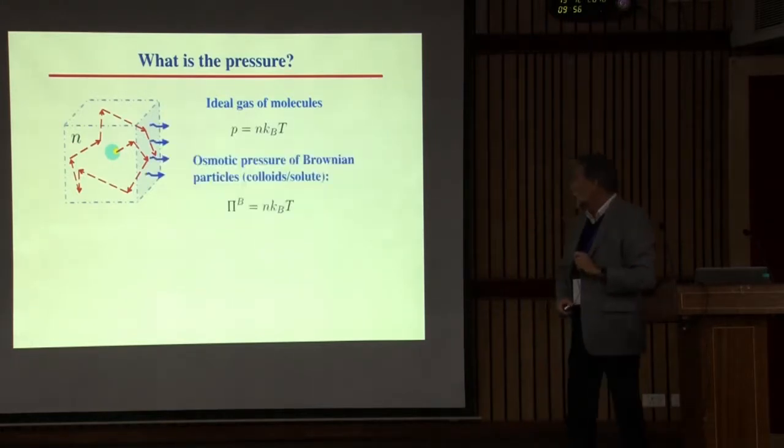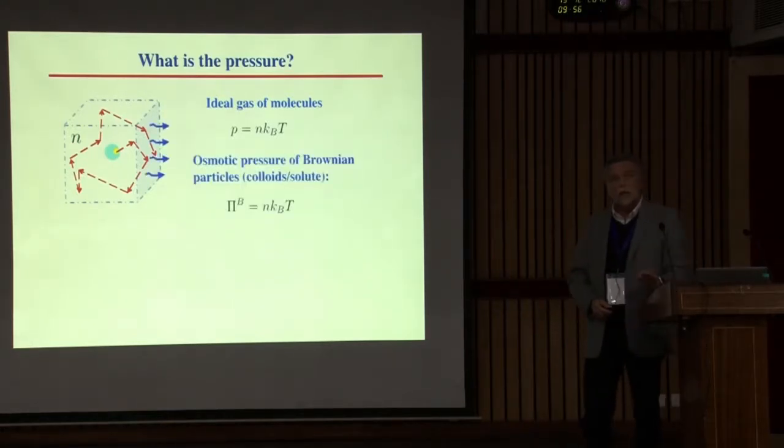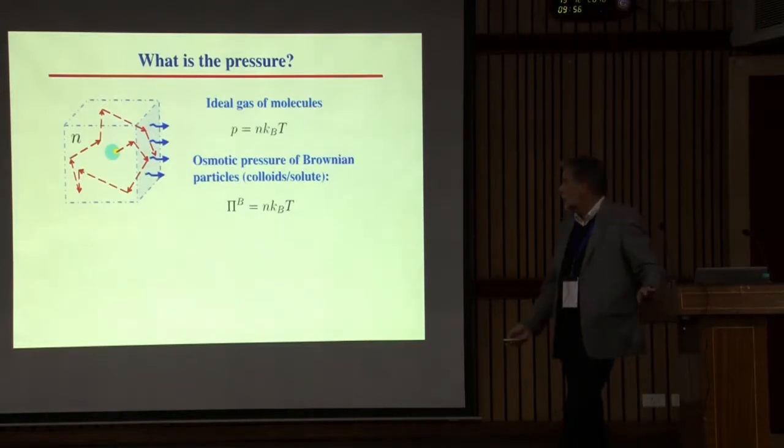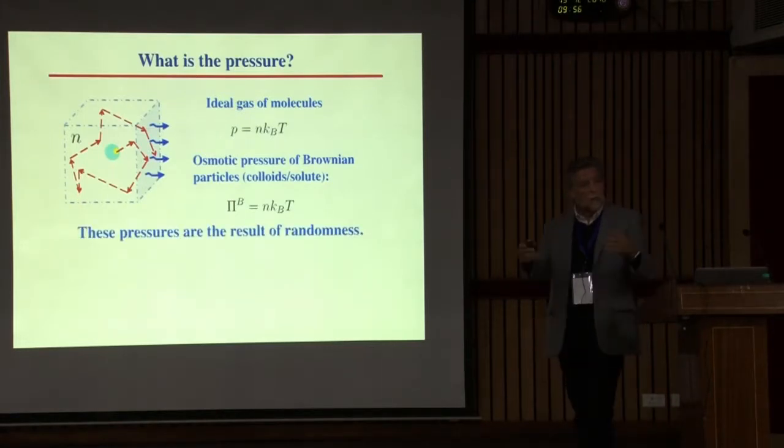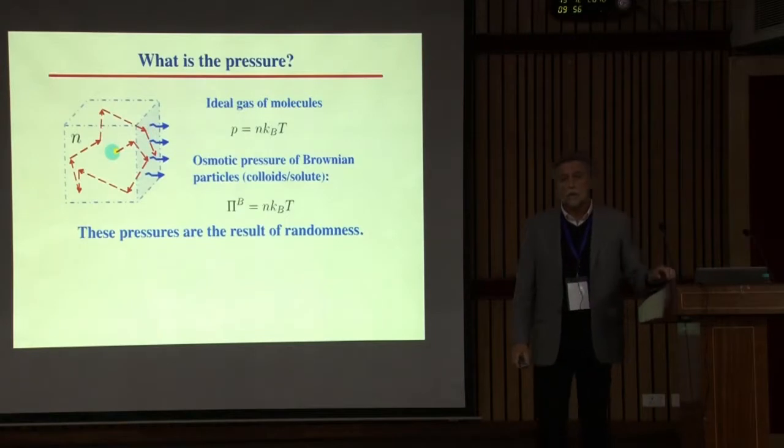One more relevant to us is what's called the osmotic pressure of Brownian particles or molecular solutes. In this case, the fluid is able to escape the box, but the particle isn't. And there's an osmotic pressure, which is the same thing as the number density times the thermal energy kBT. Okay? And these are really just the result of the randomness associated with the process going on.